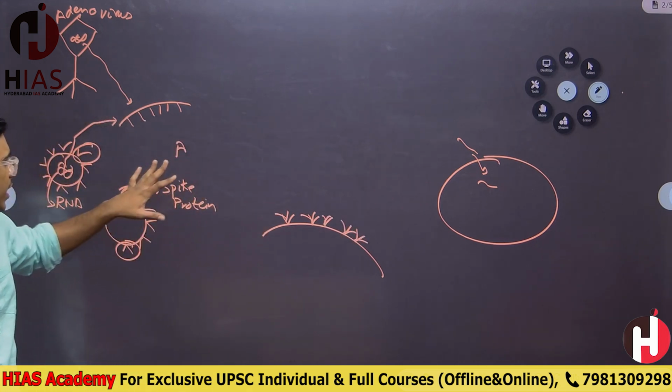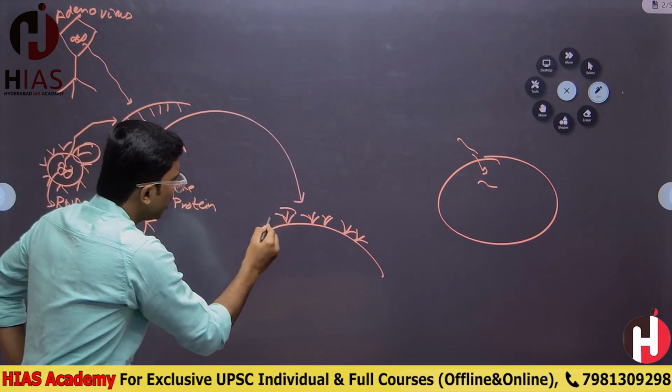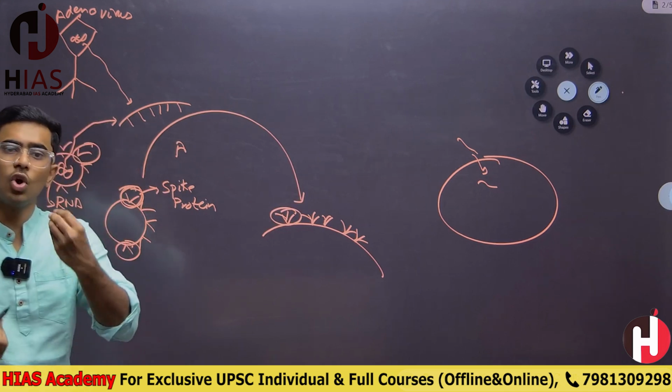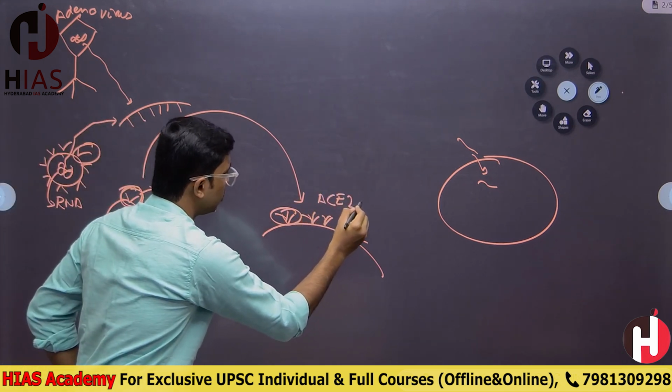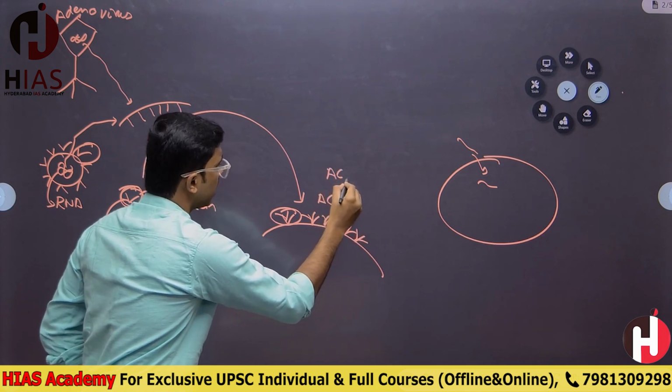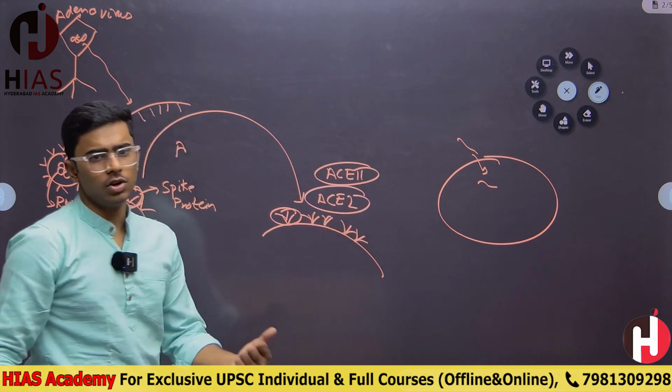This coronavirus enters your cell using some receptors on our cells. Those receptors are called ACE2, or doctors will write it like this, ACE2 protein, ACE2 receptor.